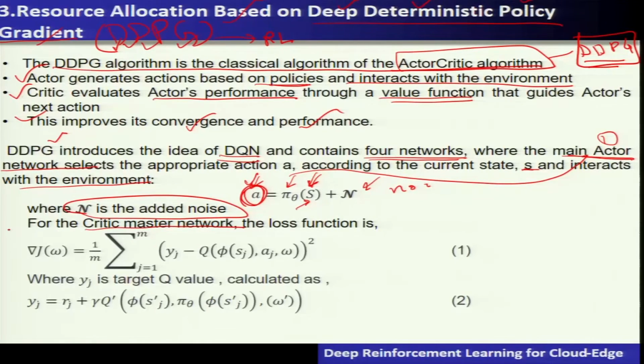The second network will evaluate this particular actor network. For the critic master network to evaluate, it considers a loss function. The loss function is shown over here, where yi is the target Q value, and this is often the value generated by the actor network. The generated Q value and the target are both used here to find this loss function, which is calculated using equations 1 and 2.